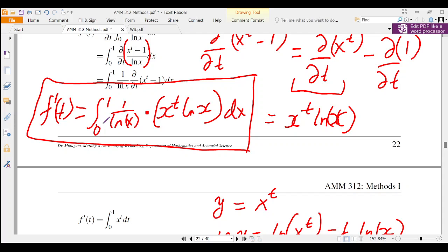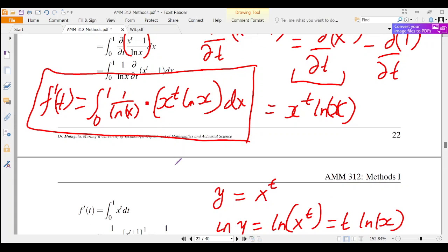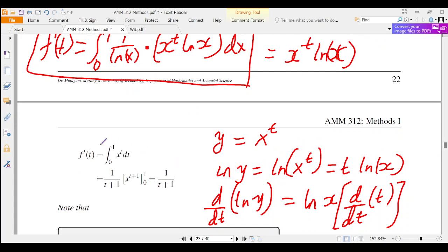Now notice that the logarithm of x here will cancel with this one, and so we are left with f prime being equal to the integral from 0 to 1 of x raised to power t. The integral here is with respect to x, not t.